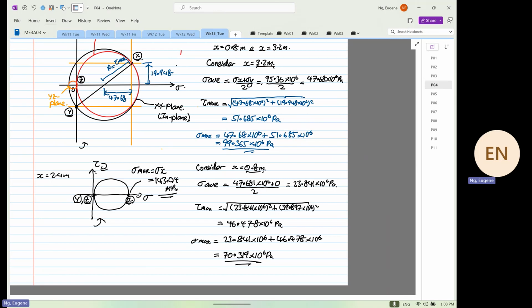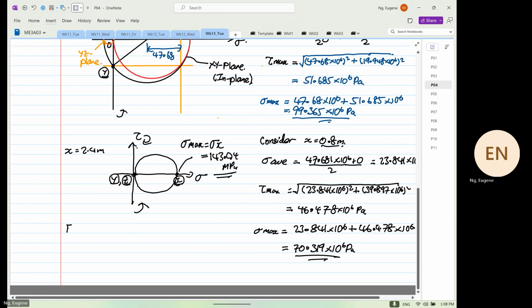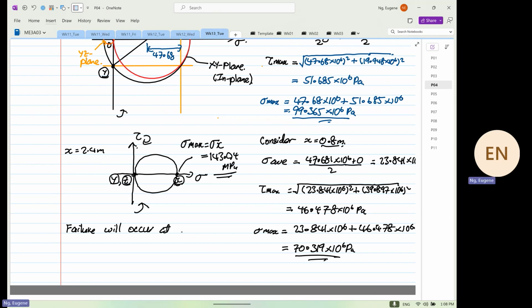So from here, we can analyze that failure will occur at x is equal to 2.4 meters and stress max will be equal to 143.04 megapascal. Okay, are we clear?